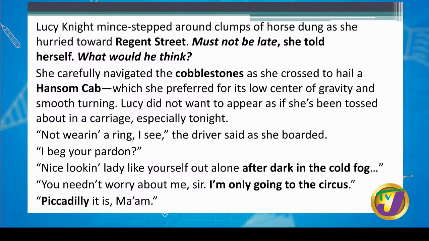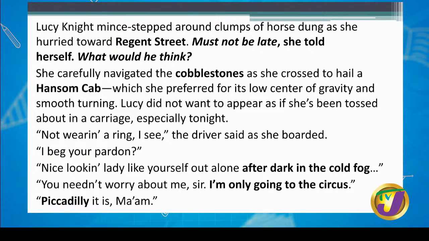Lucy did not want to appear as if she'd been tossed in a carriage, especially tonight. Not wearing a ring, I see, the driver said as she boarded. I beg your pardon? Nice-looking lady like yourself out alone after dark in the cold fog? You needn't worry about me, sir. I'm only going to the circus. Piccadilly it is, ma'am.